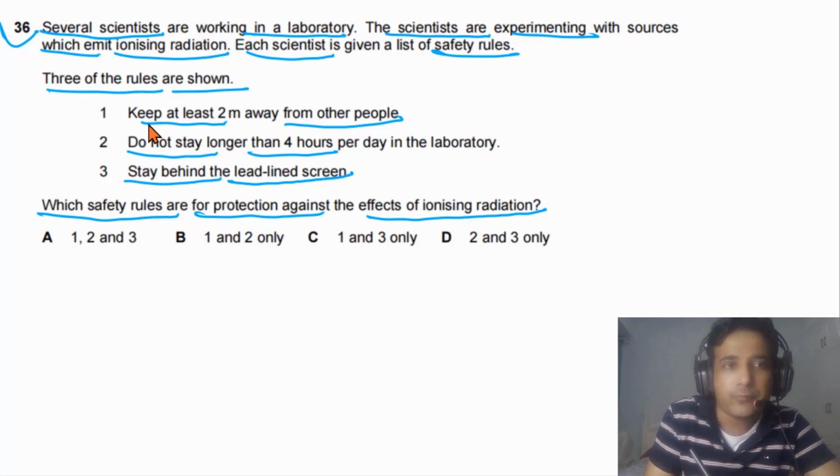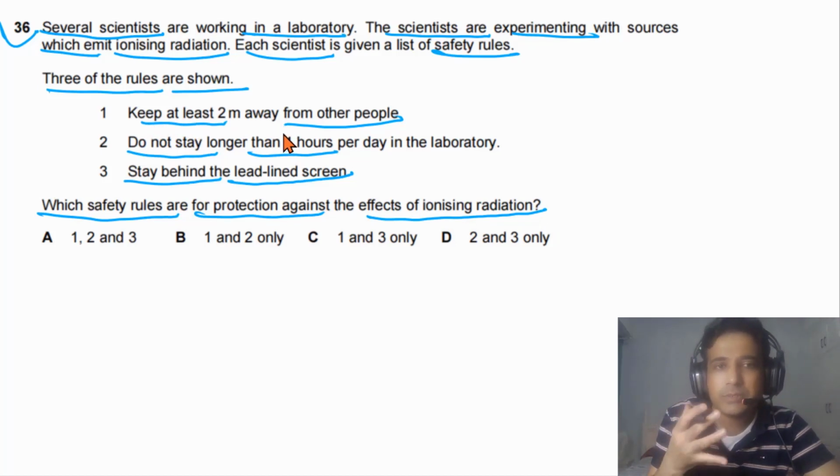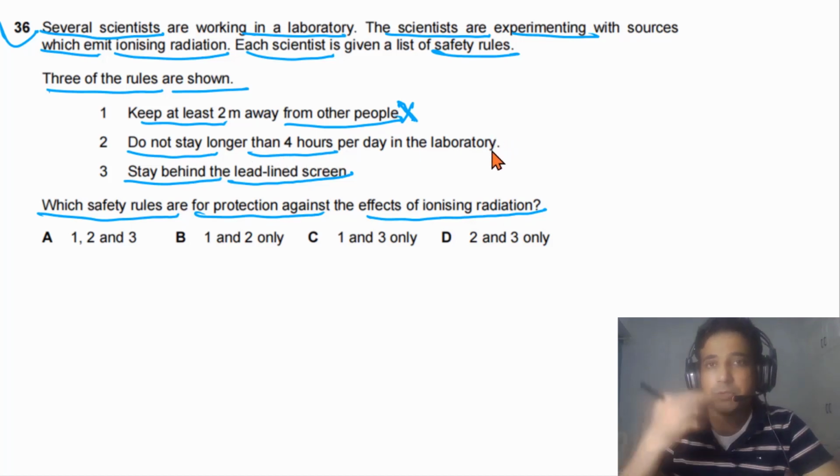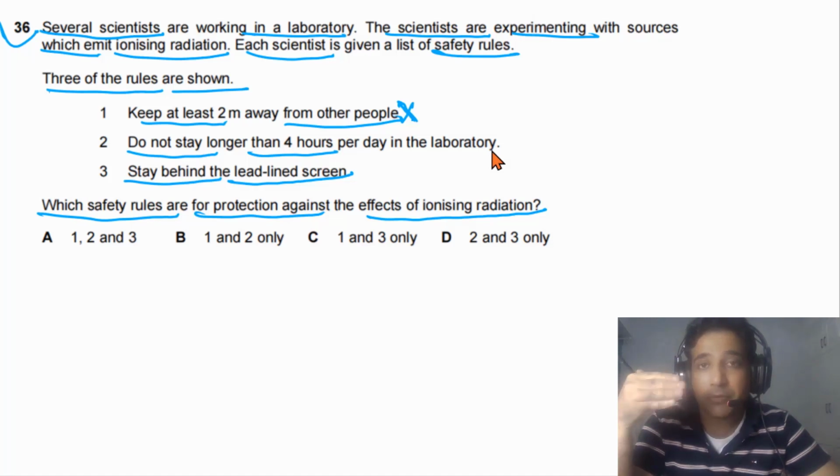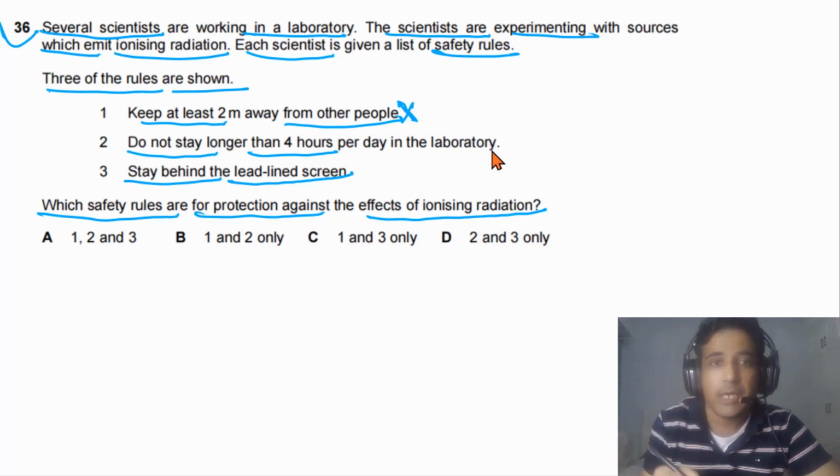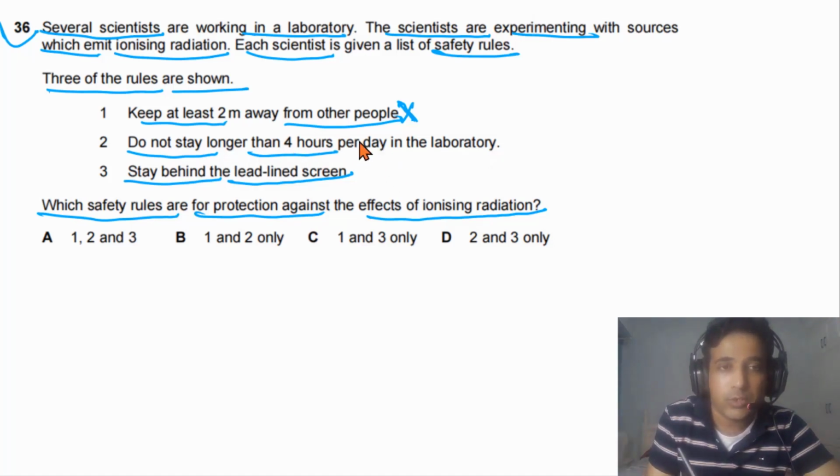If you look at the first rule, keep at least 2 meters away from other people, this is not protection against ionizing radiation. So this rule is incorrect. Don't stay longer than 4 hours. If you stay longer, the radiation dose will be very high, so you should not stay longer than 4 hours.